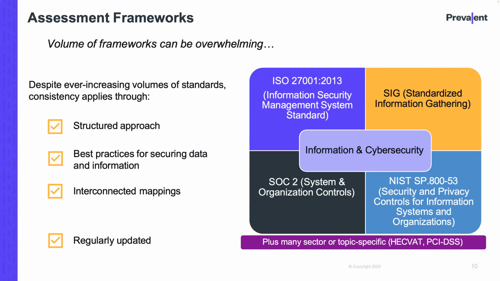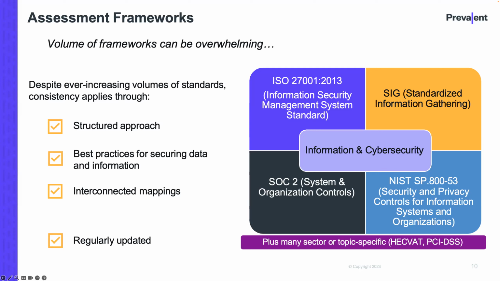Absolutely, and just lastly on that as well. You mentioned quite rightly that we are seeing a wider use of things like SOC 2 reports, and companies saying, we're using SOC 2 best practice. We've gone through an attestation. We've gone through formal audit. And this is where the benefit of the interconnected mappings can come in so successfully, to work out whether the use of a SOC 2 meets your own internal requirements.